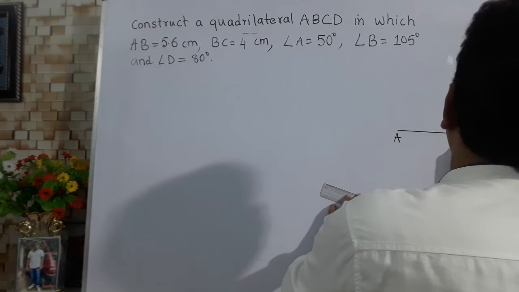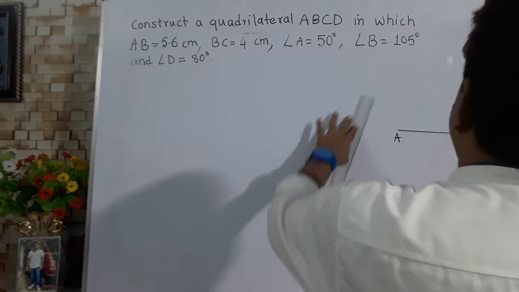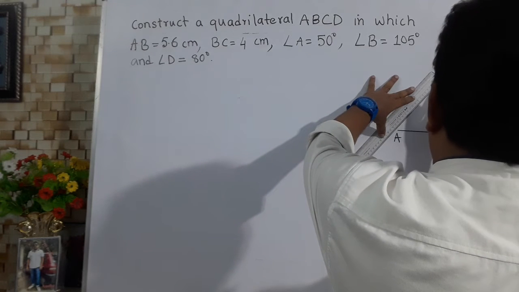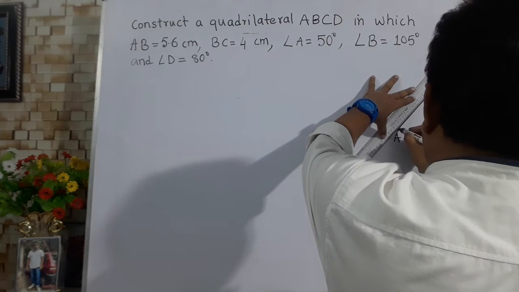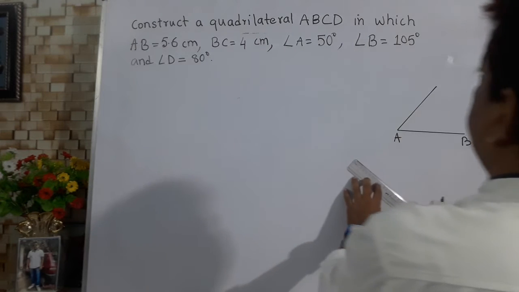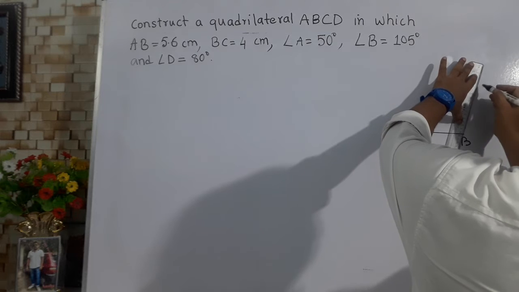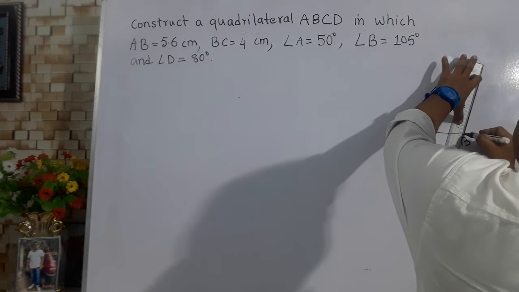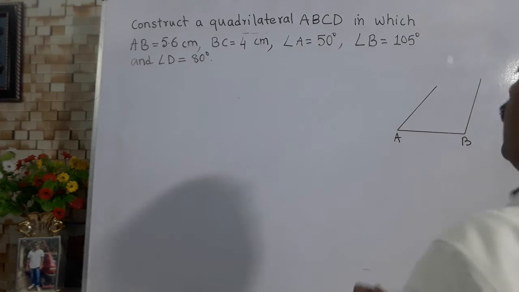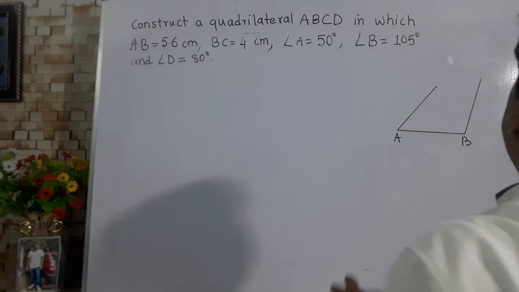This is A, this is B, angle A is 50 degrees, so it will look somewhat like this. Angle B is 105 degrees, so it will look somewhat like this. And angle D is 80 degrees.